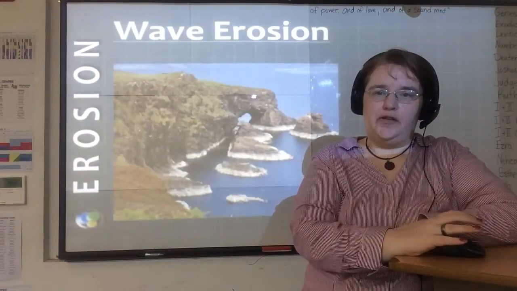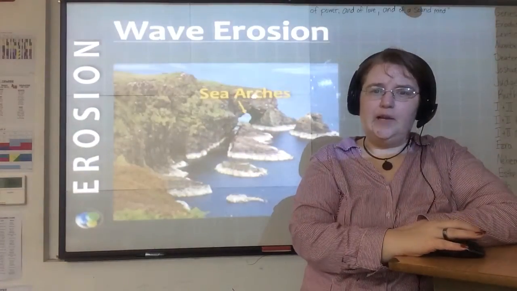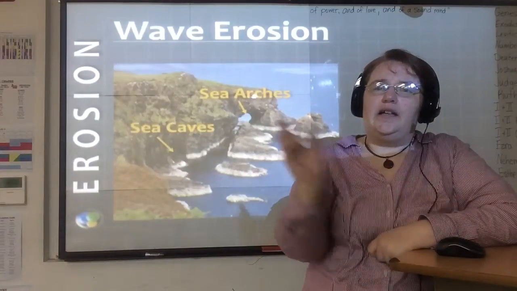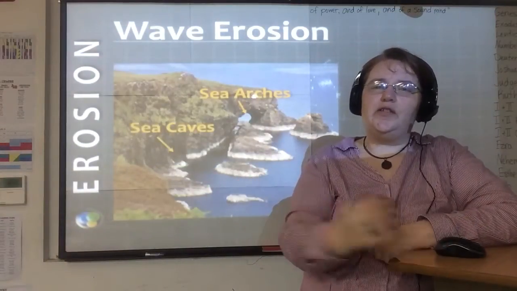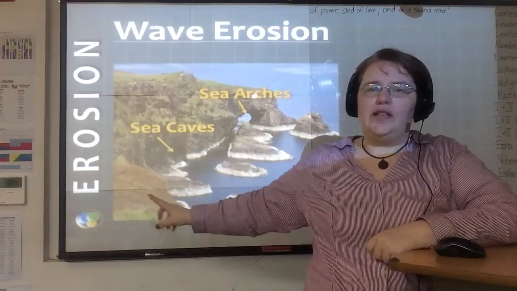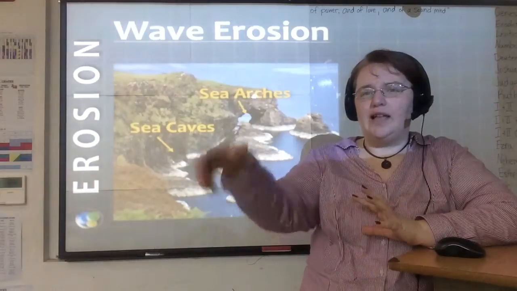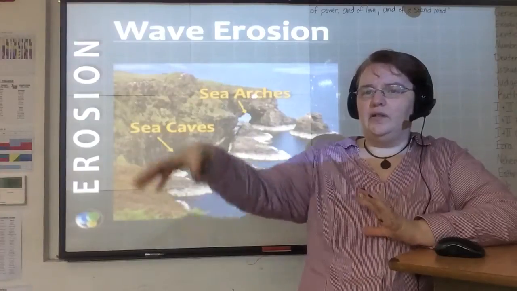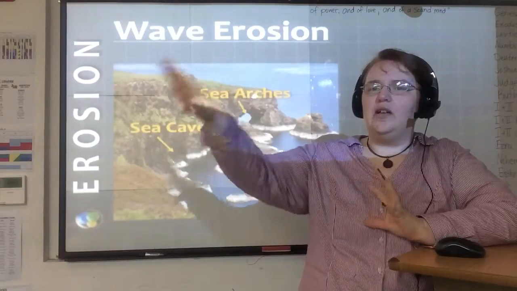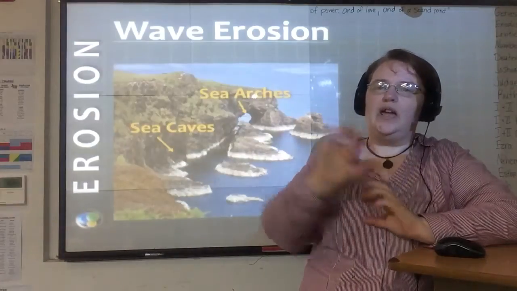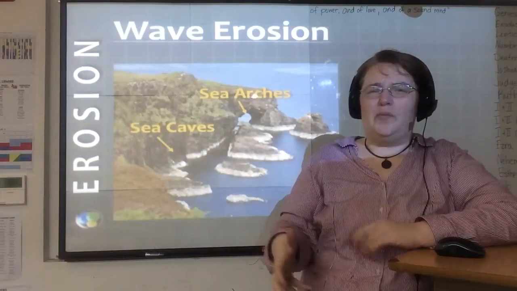Here in this picture, you'll see an example of two things. The first, the one that is closest to you, called the sea cave, which is in this area, this is what happens first. The waves constantly are coming up with sediment, causing abrasion, erosion, taking that sediment away, kind of digging a hole in the side of a mountain.